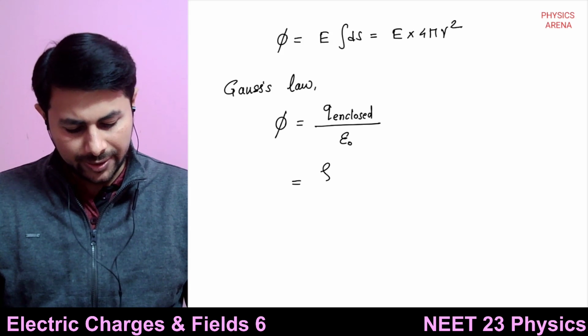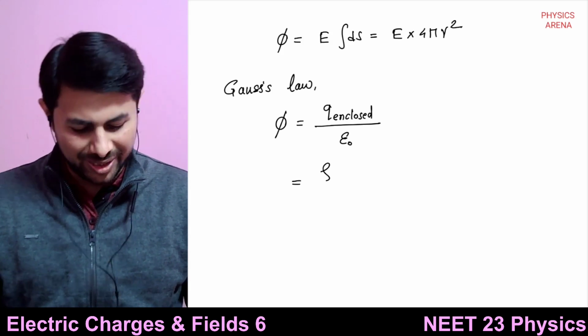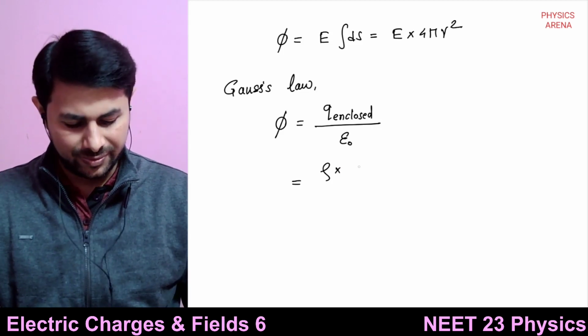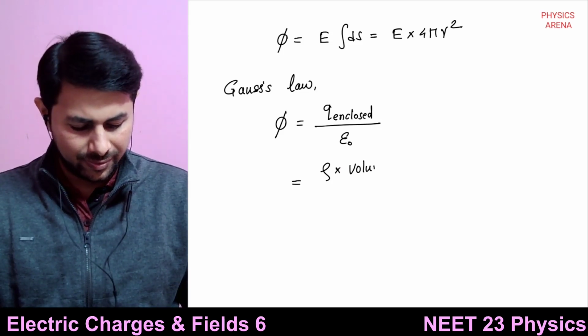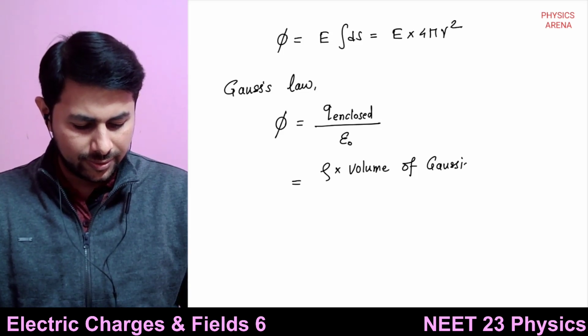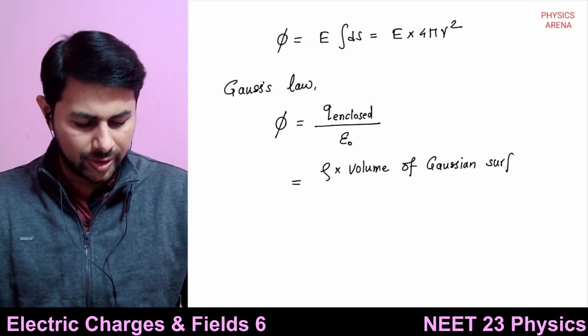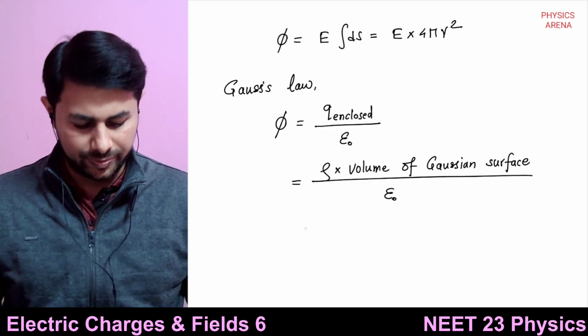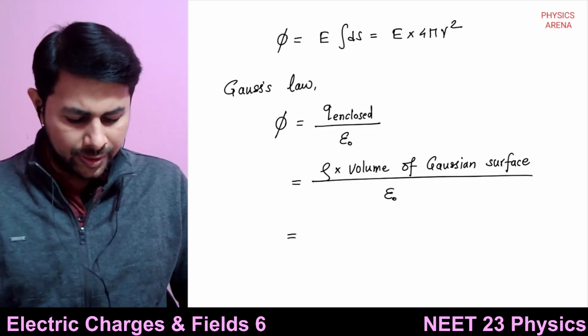It is rho, not sigma, rho multiplied by the volume of this Gaussian surface, because now charge is uniformly distributed all over the volume, right?